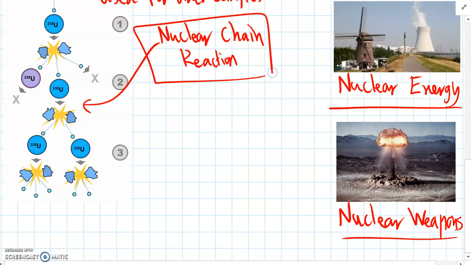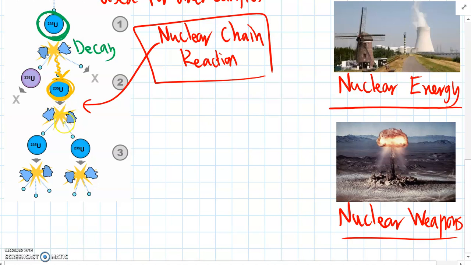And a nuclear chain reaction happens because when we start with one radioactive atom, it will decay, and then the radiation that comes from that decay actually hits another atom and causes that one to break apart.